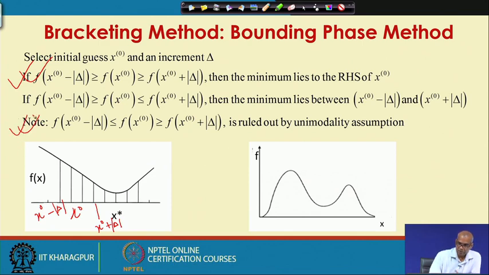But if this satisfies, it will be something like this, where the function is multimodal. For unimodal functions, this is not possible.